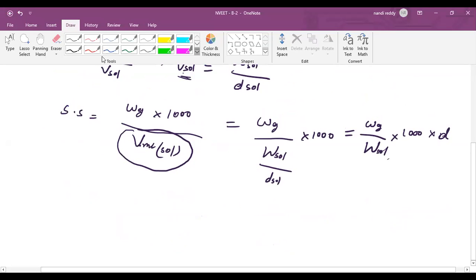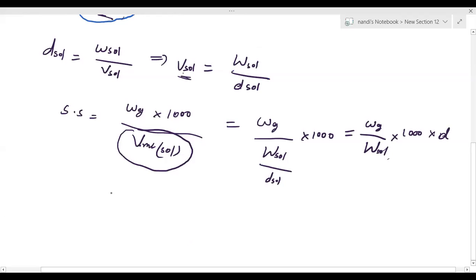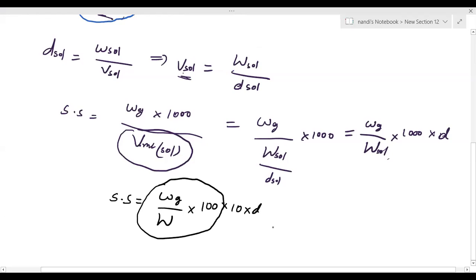So now I'm going to write W grams by capital W, this is solution, into 1000. I can write 100 into 10, sir, into density. So W gram by capital W, this is what we call W by W percent. So strength of solution equals W by W percent into 10 into D. This is the final strength of solution formula.